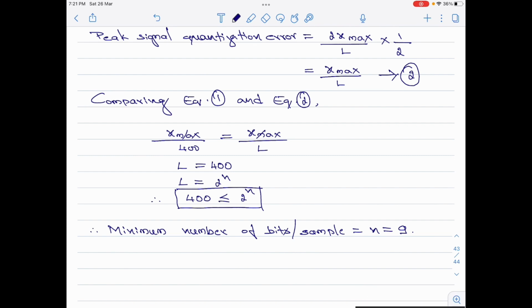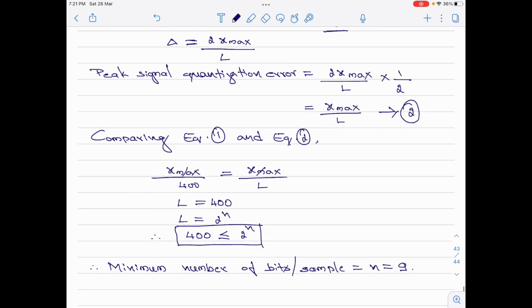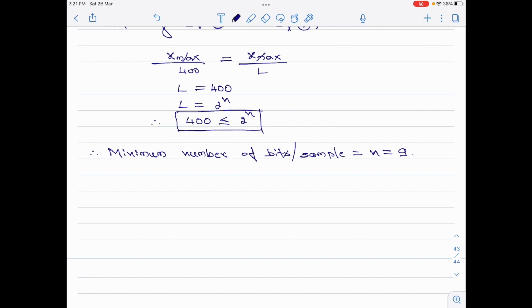Right. Once we have found the value of n, we can now come back to the numerical to find the value of the minimum cable bandwidth required. To find the minimum cable bandwidth, I will first find the minimum bit rate. Let me start with that part. We know that the minimum bit rate of the set of signals given is equal to the number of bits per sample multiplied by the total number of samples.